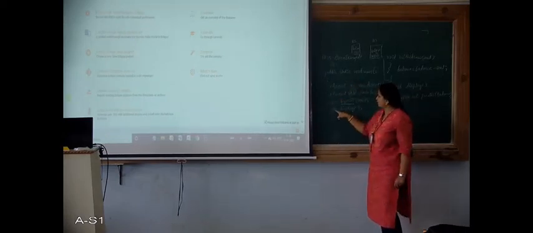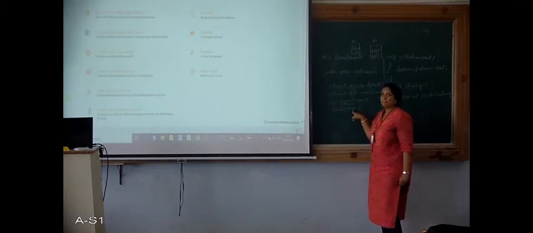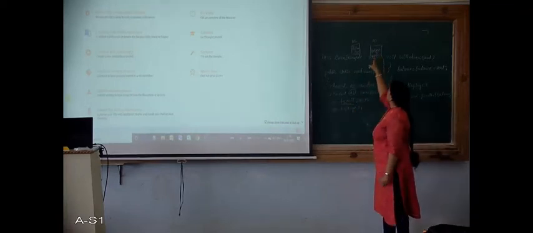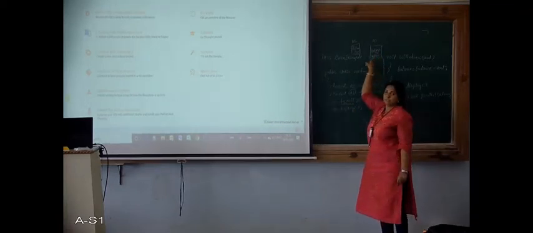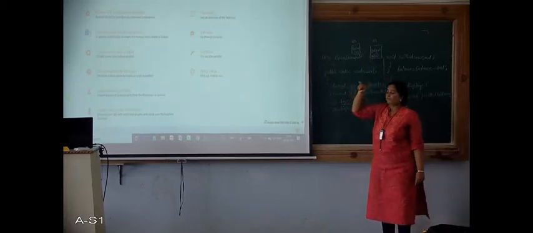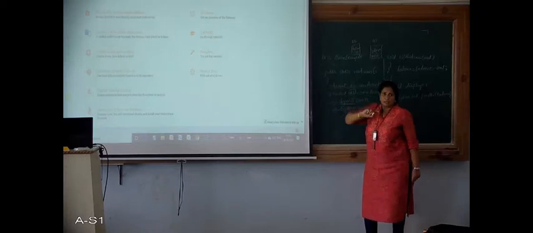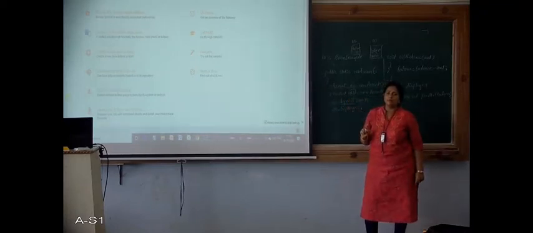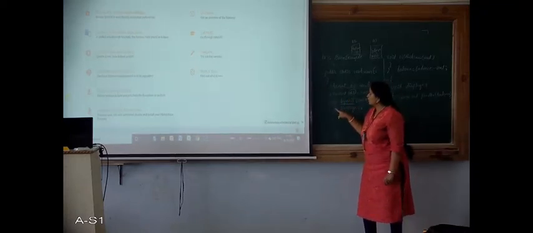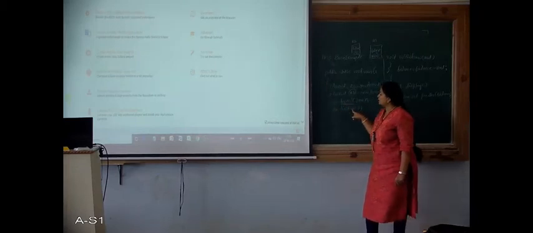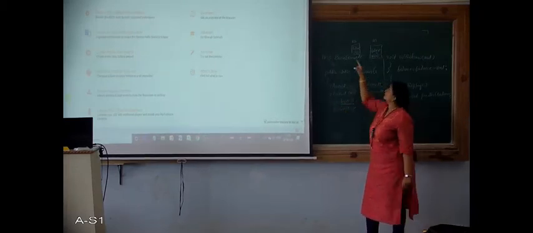For example, when I write A1 dot display, it is going to display the balance of A1. What is the balance of A1? 1500. So this will be displayed on the screen. When you call A1 dot display, it will not display A2's balance.